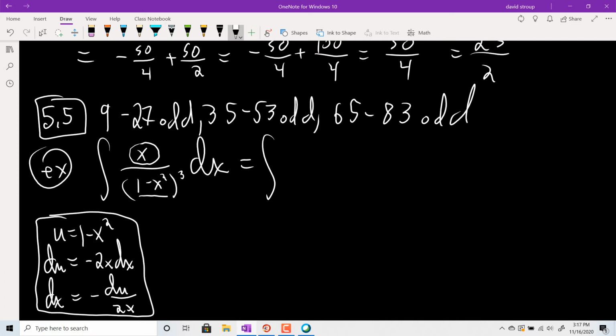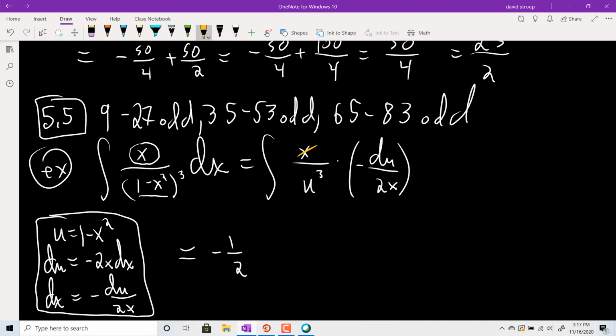So anyways, going here, do our substitutions. So u cubed now on the bottom. Then negative du all over 2x for dx. We can factor out a negative 1/2. We get our x's to cancel, which we need to happen to go forward.